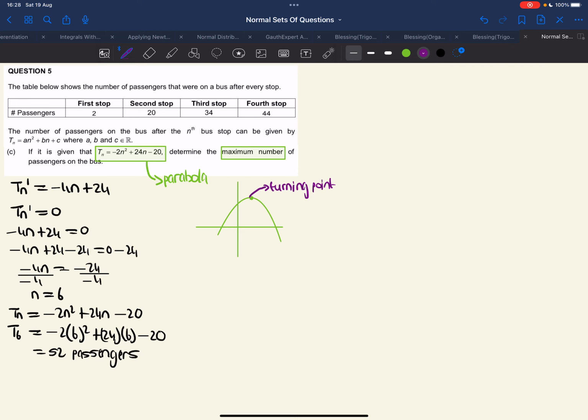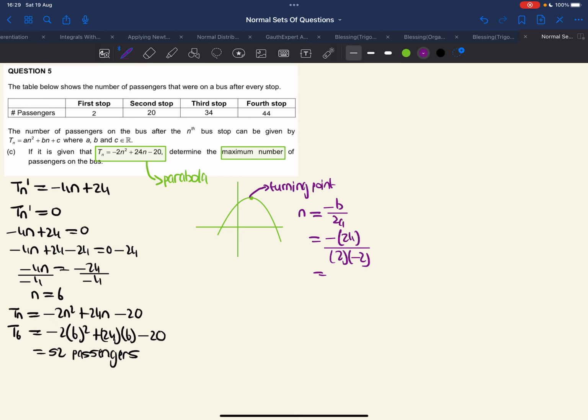All right. Now remember, there are many ways in which you can find the turning point of a parabola. The first one is the calculus way that we did. The other one is where you are given a formula, x equals minus b over 2a, and that's a way in which you can find the n. But in this case, seeing that we're dealing with n, we can just say n equals minus b, where b is 24, all over 2 times a, where a is minus 2.